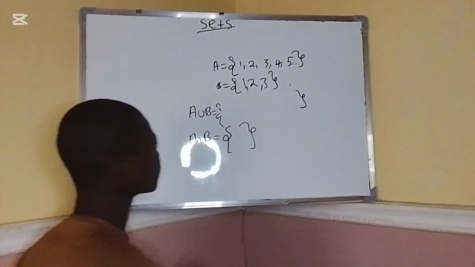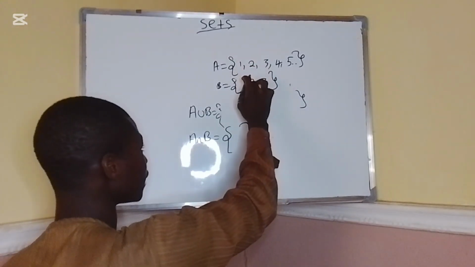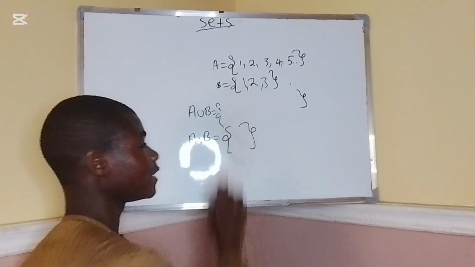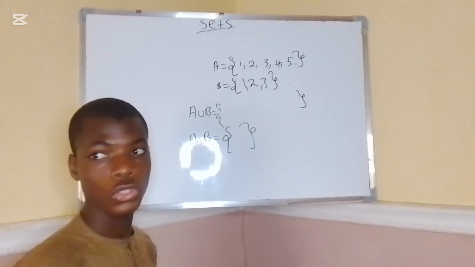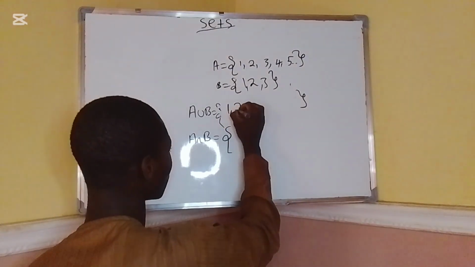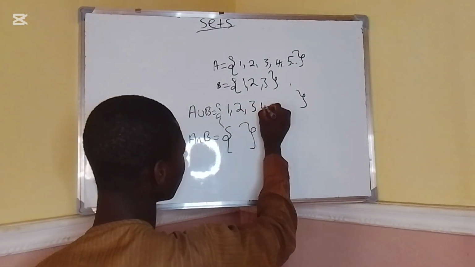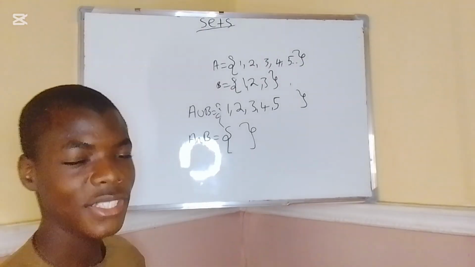To find the union, you can say 1 appears in here and also in B, and 2 appears, 3 appears. So just pick 1 once. So therefore it will become 1, 2, 3, 4, and 5.